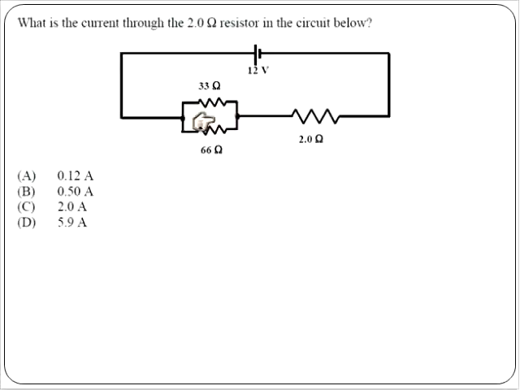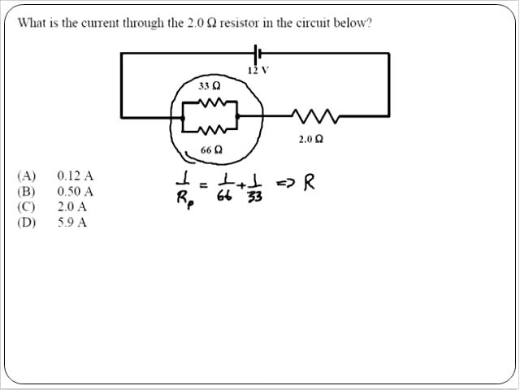So what we've got to do is find the total resistance so we can find the total current. The very first thing I'm going to do is find the total resistance. I'm going to do this part first. So 1 over Rp, 1 over the parallel resistance, equals 1 over 66 plus 1 over 33. When I do that, I get Rp equals 1 over 66 plus 1 over 33, to the negative 1.